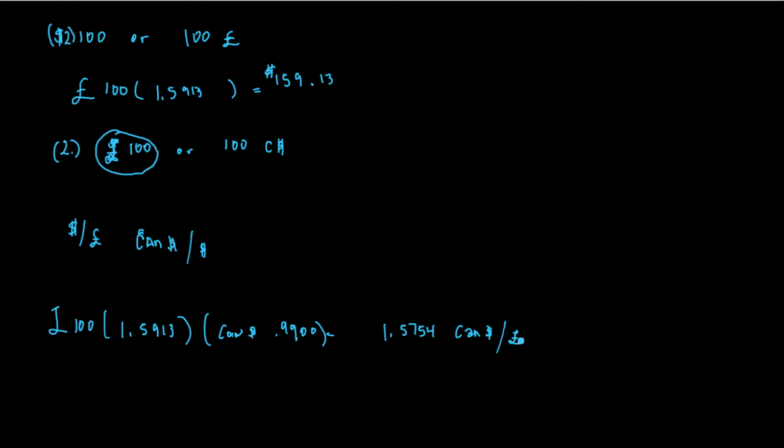Okay? And then we get the third one. C2 says, what is the cross rate for British pounds in terms of Canadian dollars?